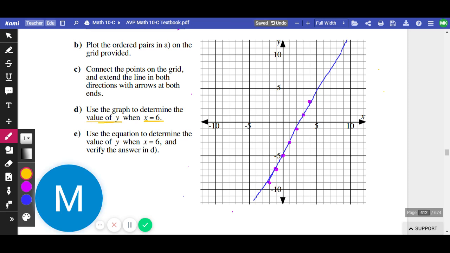So what I need to do is look on this graph and ask myself, when do I have an x value of 6? X equals 6 right there. I need to figure out where on this graph I've gone that far to the right. If you look at this graph, right about here, it appears that I've gone 6 to the right.